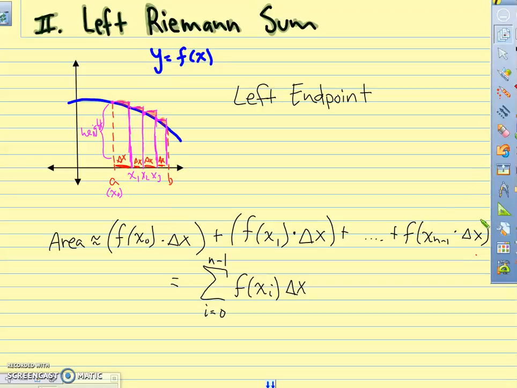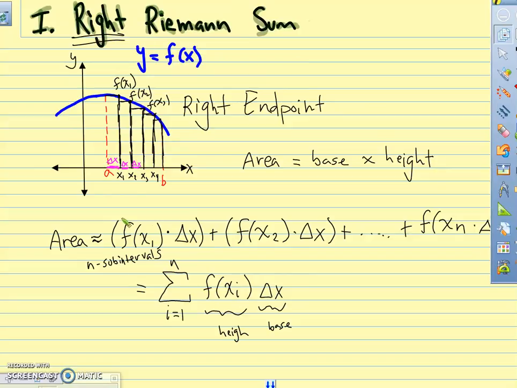Same thing with the right Riemann sum, well, kind of the same thing, but the opposite. Again, this function is decreasing, and this time the right sum was an under approximation. It didn't include some of the area that we need to include for this region.